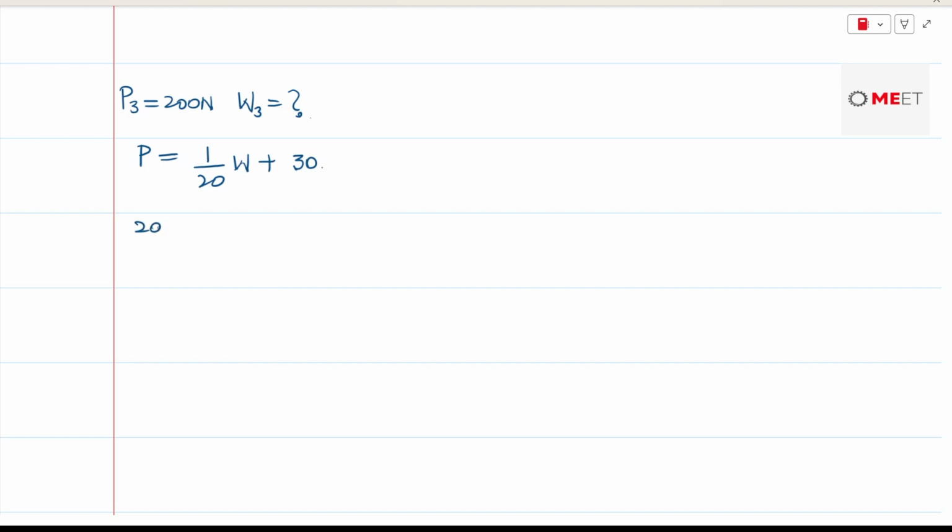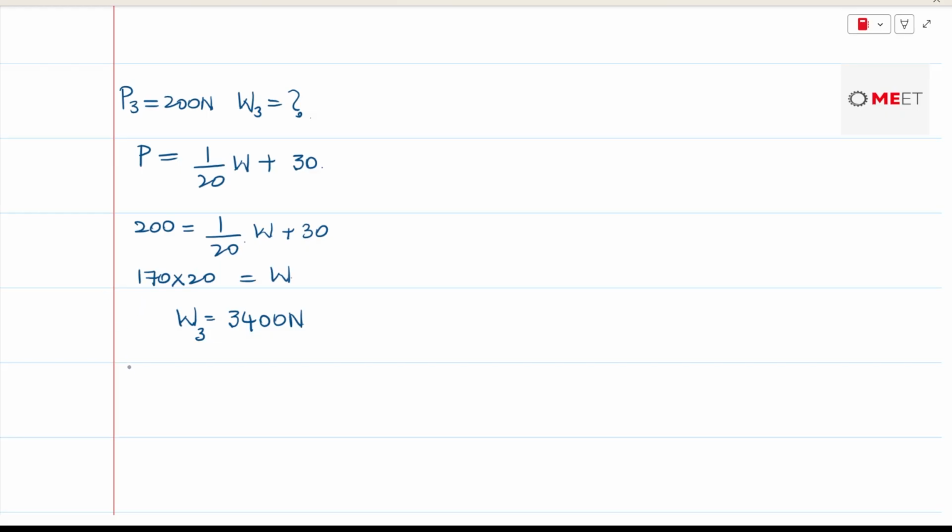So 200 is equal to 1 by 20 into W plus 30. Subtracting 30 from 200 gives 170. 170 into 20 will be W, that is 3400 Newtons, the load that is lifted when 200 Newtons of force is applied.